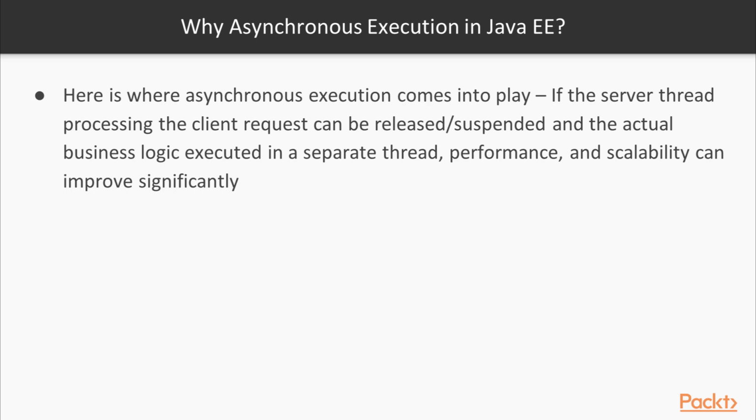For example, if the server thread can be suspended and the actual business logic executed in a separate thread, then performance and the scalability and the user experience can improve quite significantly.